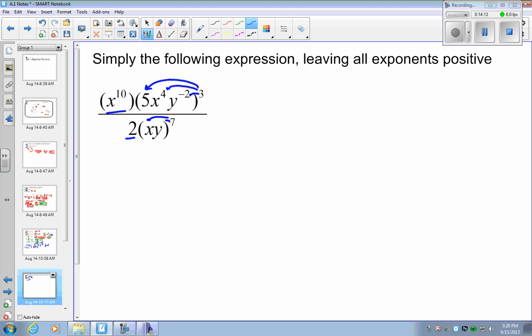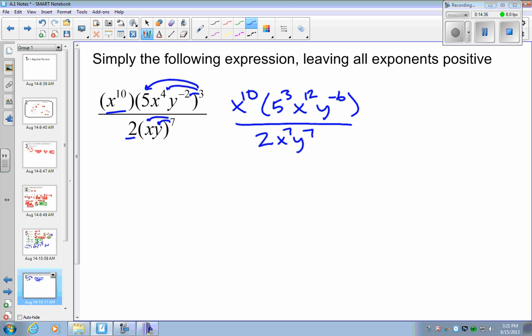This 7 has got to come into both places there, not all the way over to the 2. So let's see what happens. Let's keep the x to the 10th. So you got a 5 to the 3rd, x to the 12th, y to the negative 6th, because we're multiplying using our rules. On the bottom, 2x to the 7th, y to the 7th.